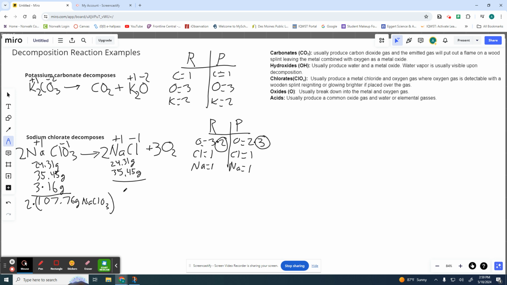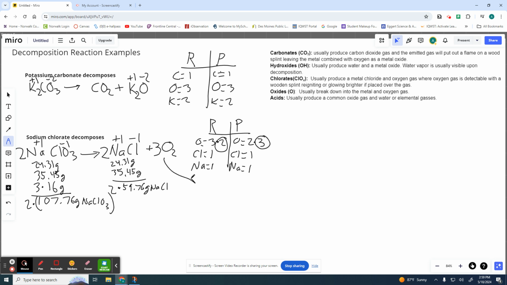If my calculations are correct, you should have something like 59.76 grams of sodium chloride. And again, we're going to take this times 2, but not until we use it in a unit multiplier.